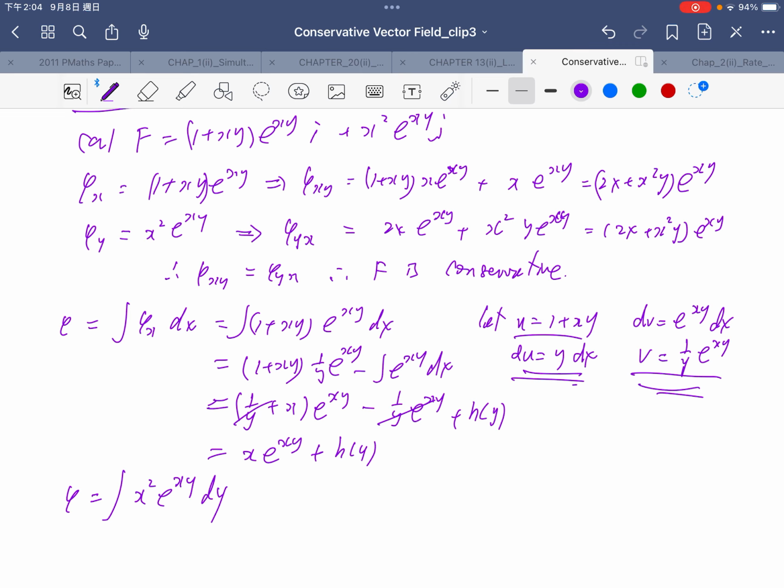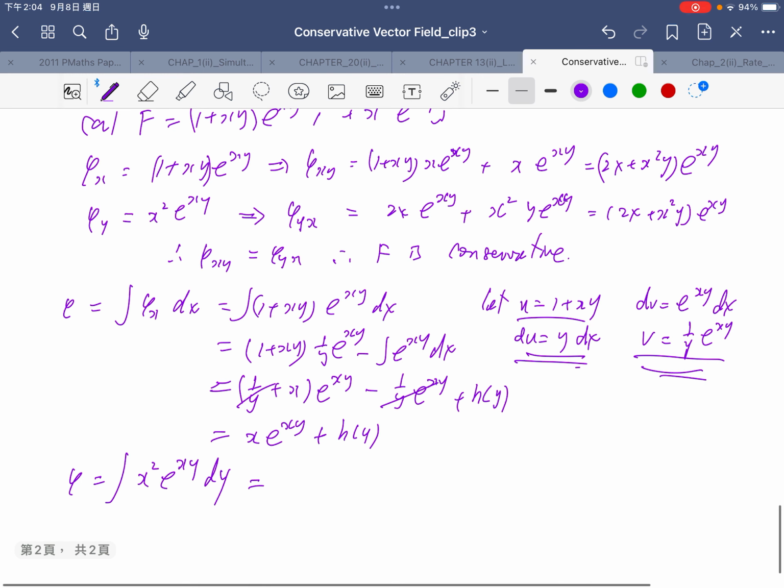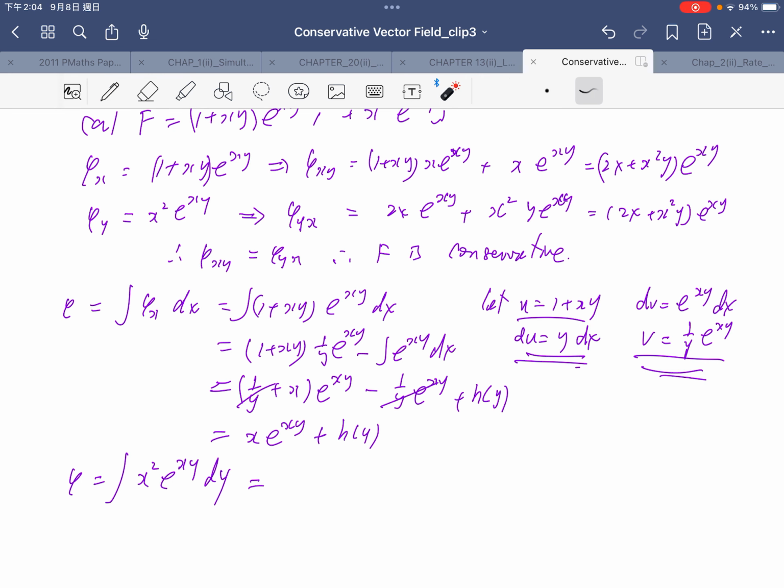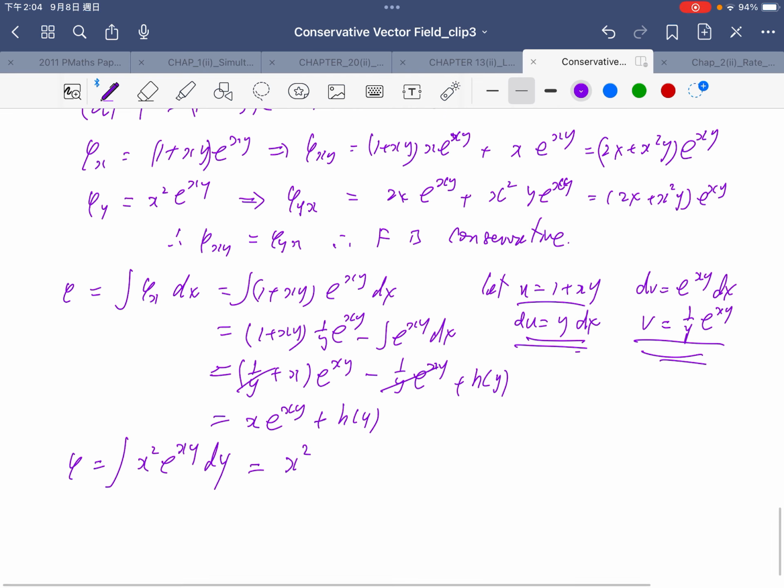Again, as this is integrating a function of y only, this is x squared, and x is constant. Okay, log y times x plus a function g(x).